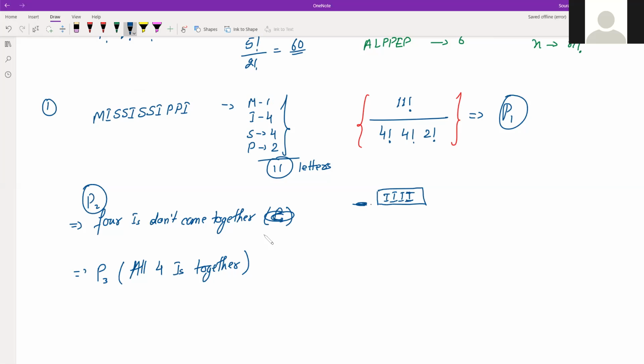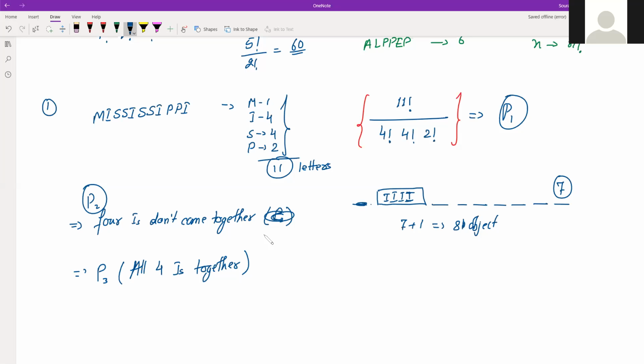Now how many are left? You have 7 more left, right? 3, 3, 6, and 1, 7. So now in total you have 7 plus 1, 8 objects which you have to arrange.